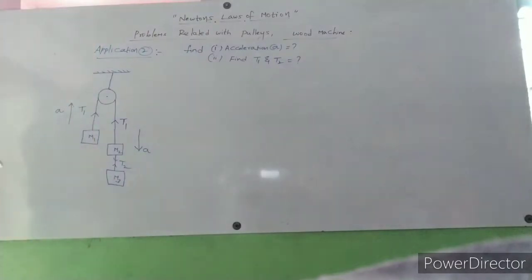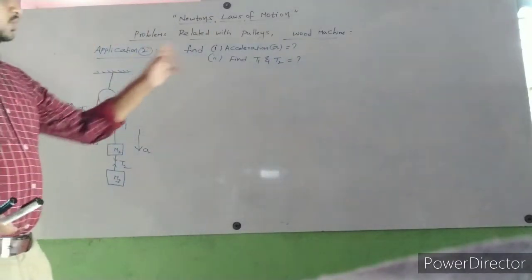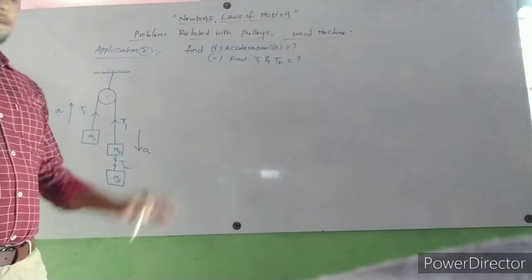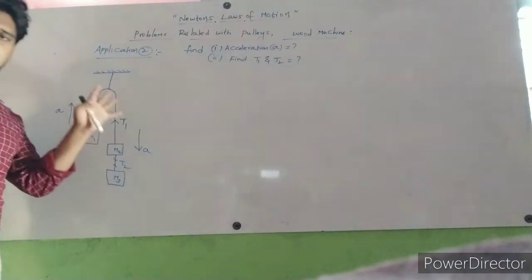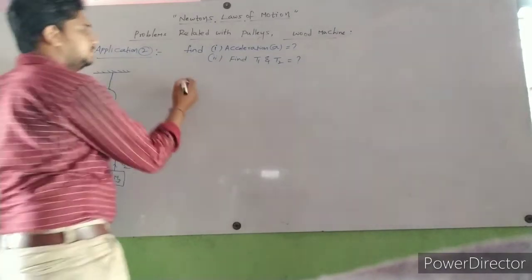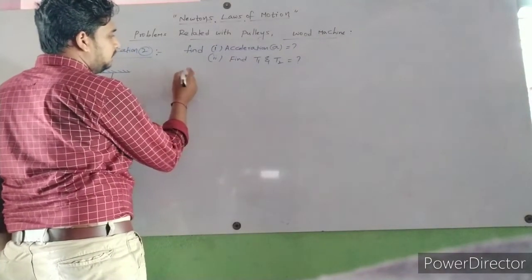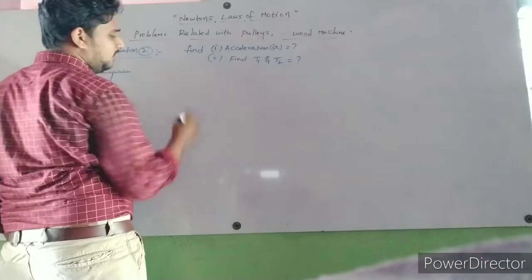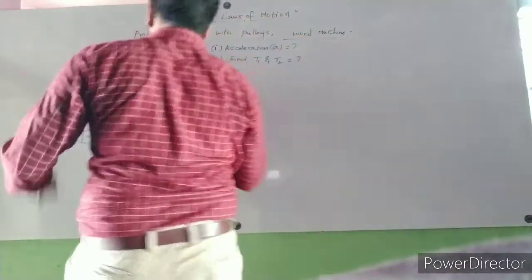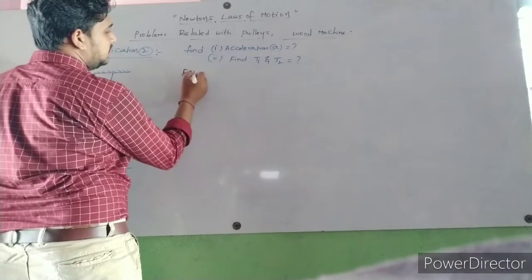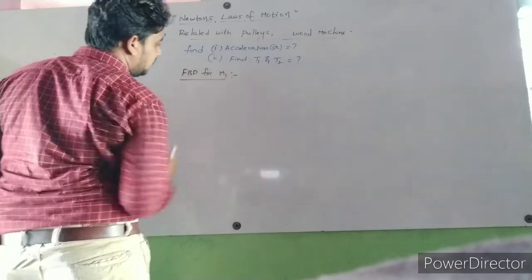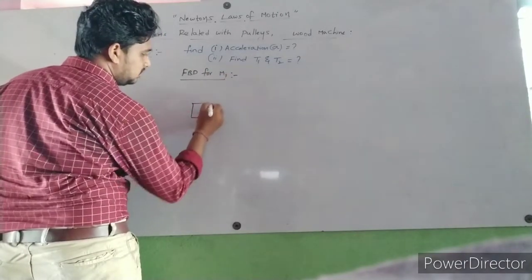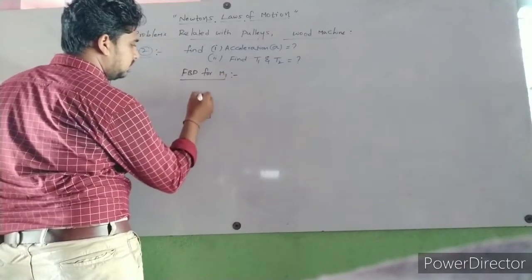These are the two questions. How do we find them? Based upon these observations, observe carefully. Draw a simple free body diagram, FBD for M1. What is acting here?